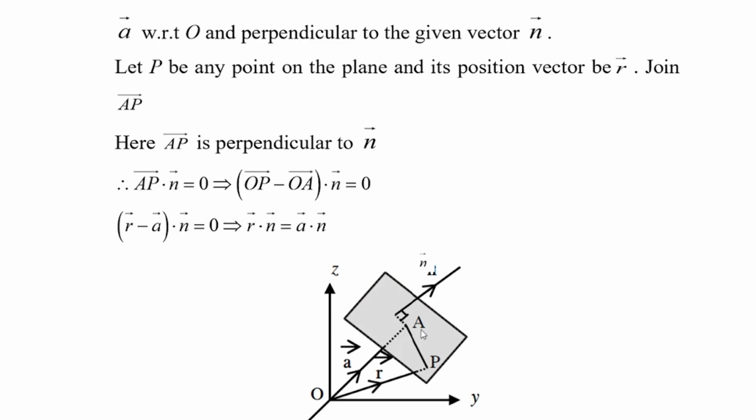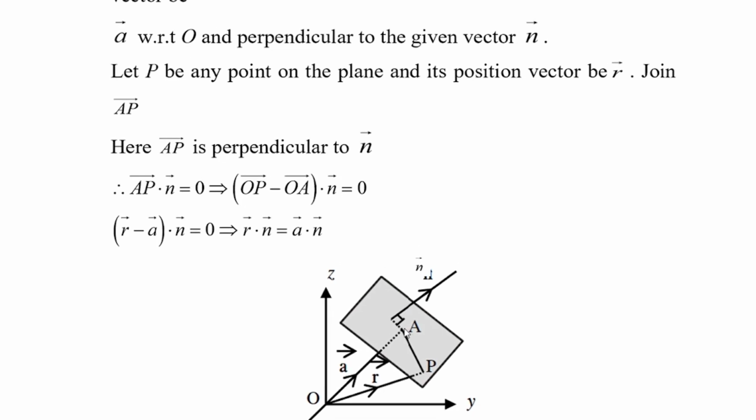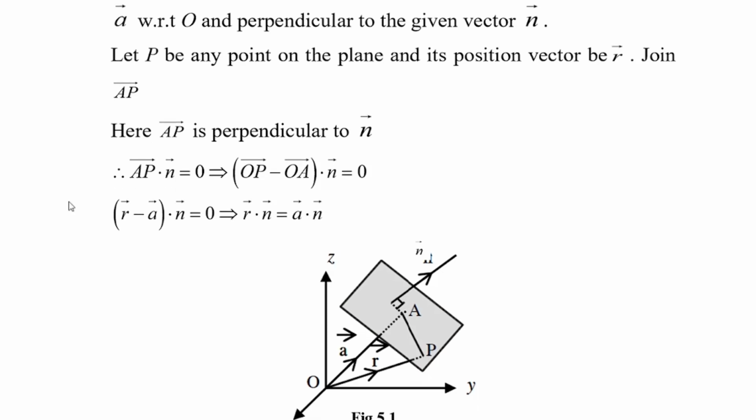If you have a point A in the plane, and there is a normal which is perpendicular to the plane, and P is any other point on the plane having position vector r, then if we join A to P, we form a line.